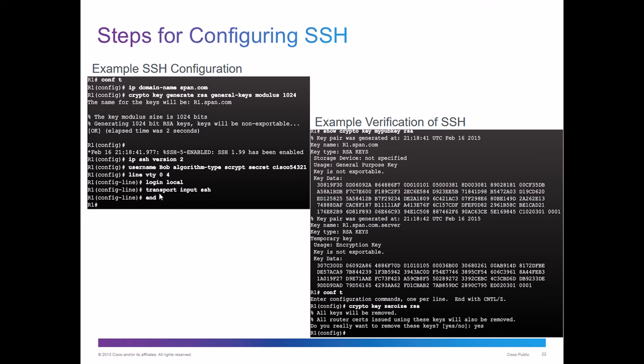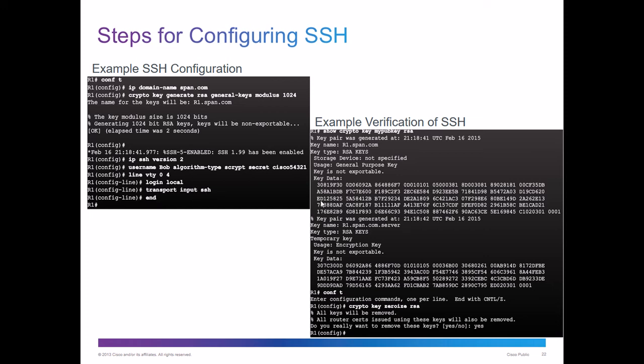And then you're going to type in the command transport input ssh, which means you are only going to be able to use SSH. If you try to telnet into the router, you're going to be blocked out. All right, so the commands are ip domain-name, crypto key, set up a username. All of these are in the config, the first 3 commands. And then after you get into the line vty, say login local, and make sure that you tell the router to only use SSH.